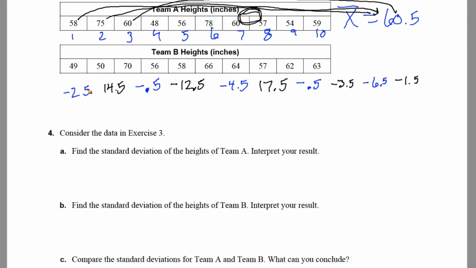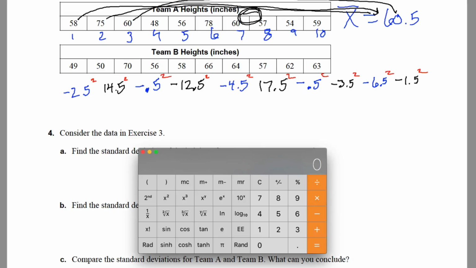Now what you want to do is square each of those. Each number gets squared. I'm just going to do that quickly with the calculator. Don't try to do it in your head. All of them are going to be positive, because squaring a negative is positive.